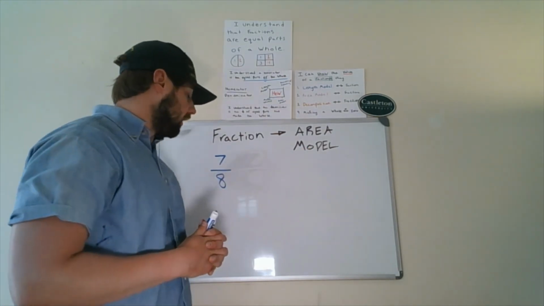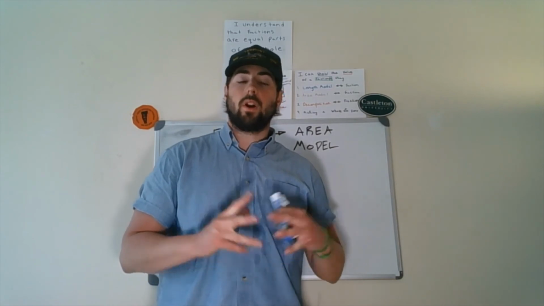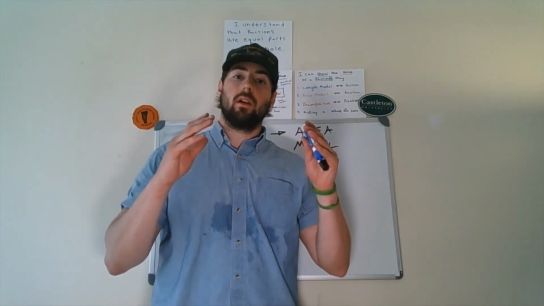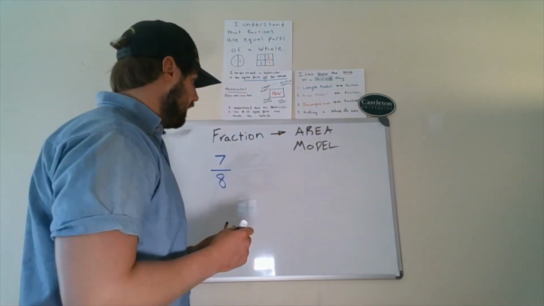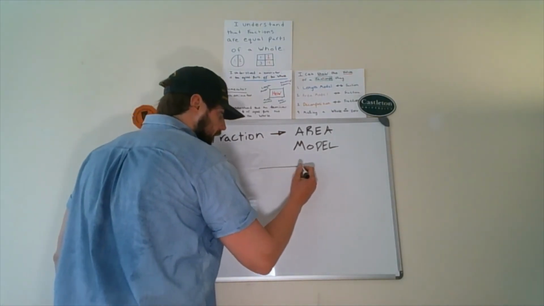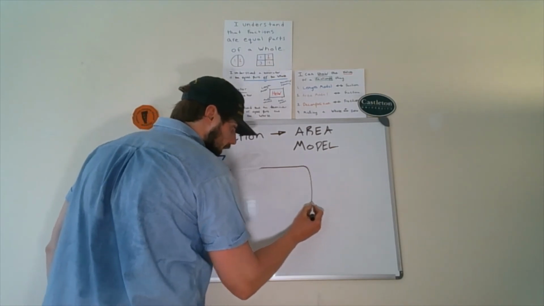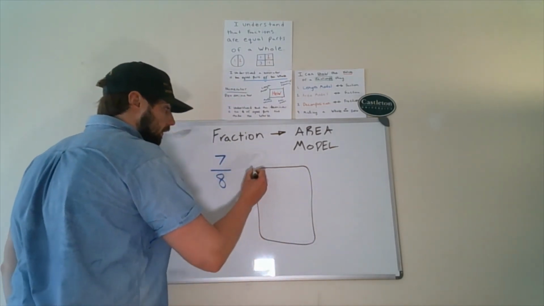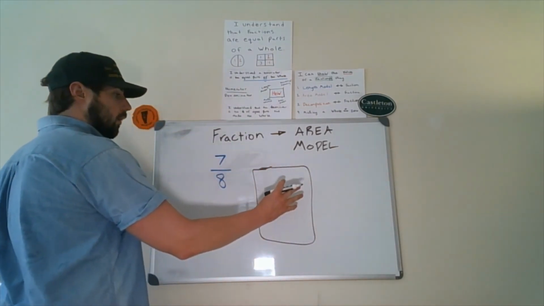Mr. G, where do we start? Well, fractions always start with the parts that make that whole. So, using that area model, I'm going to start off making that square.